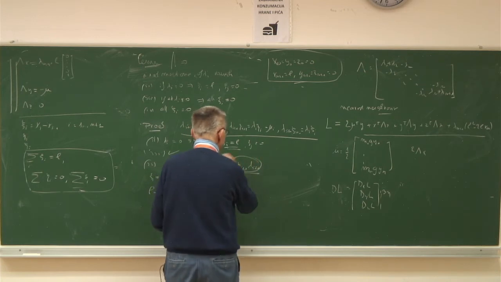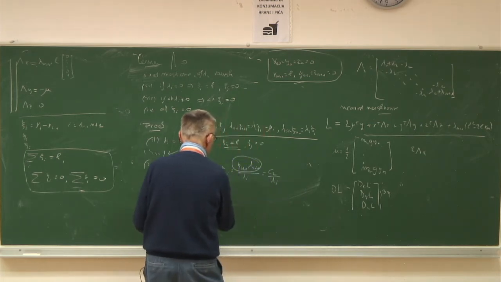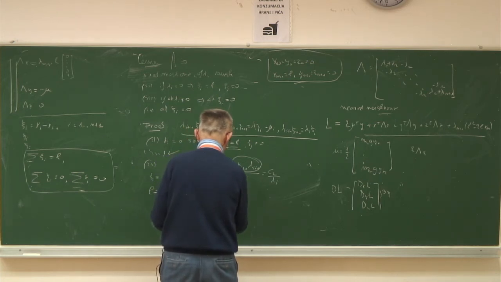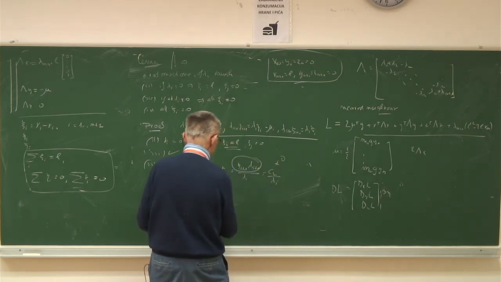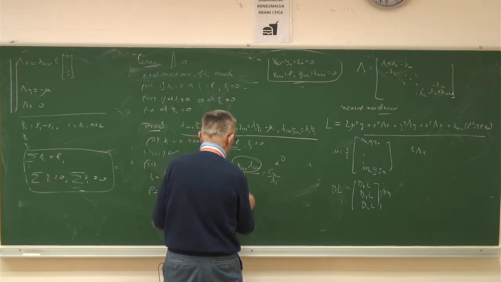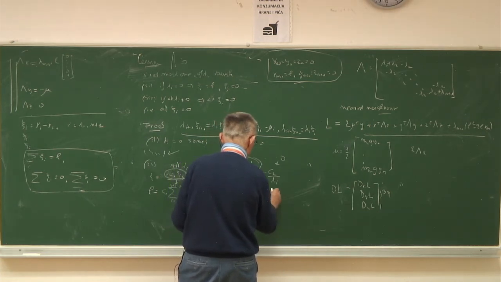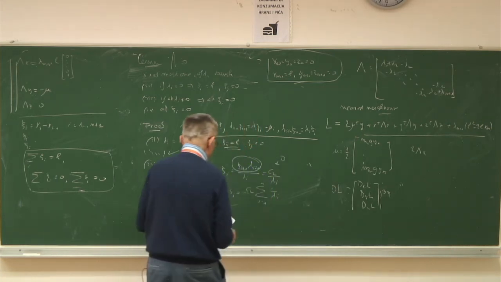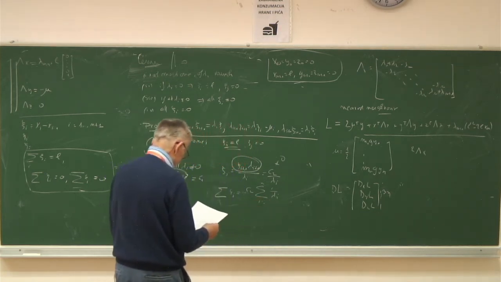And this is again a constant, C2 over lambda_i. But now the sum of them is equal to 0. And this constant is not 0. So we get the sum of zeta_j is equal to C2 times the sum over 1 over lambda_j. Yes. And this is non-zero.